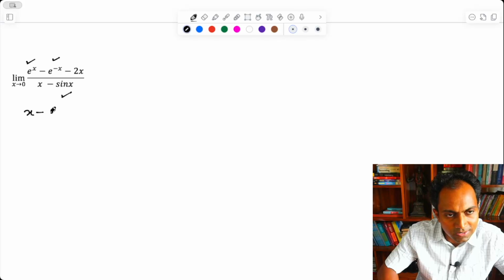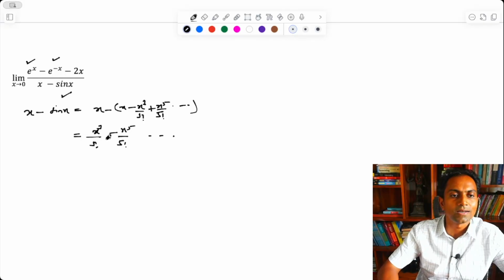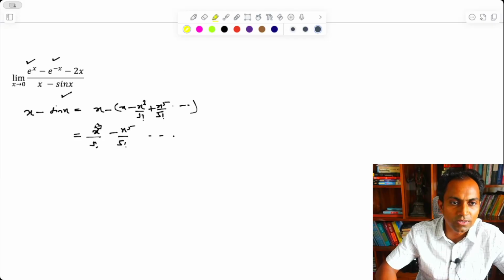So x minus sin x, if I write, this will become x minus sin x expansion, which is x minus x cube by 3 factorial plus x raised to the power 5 by 5 factorial, so on and so forth. If I simplify this, this x will get cancelled out. This becomes x cube by 3 factorial minus x raised to the power 5 by 5 factorial. You can see that the smallest power of x in the denominator is x cube.